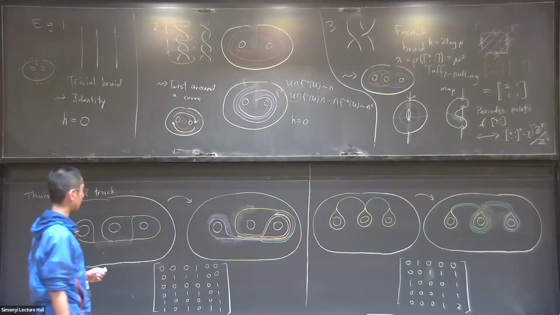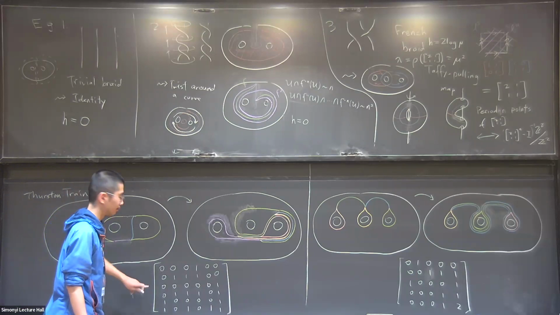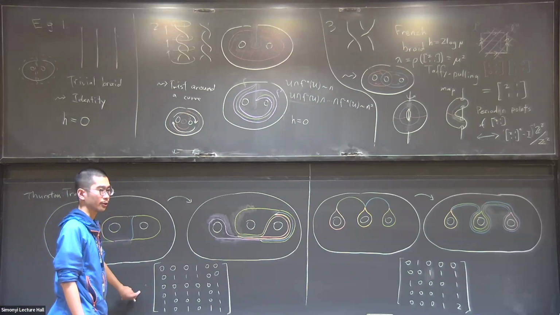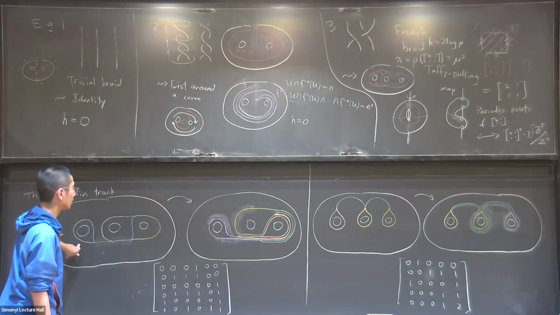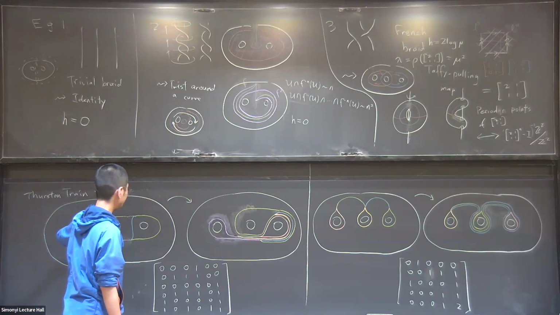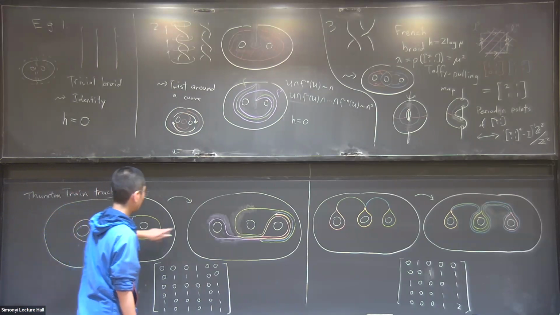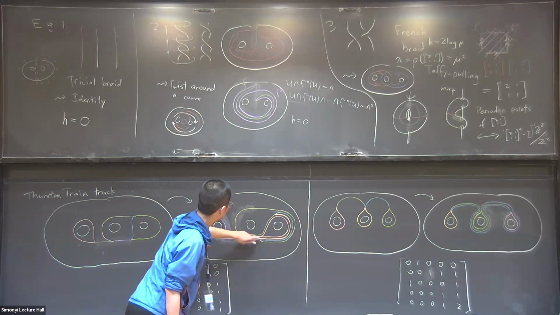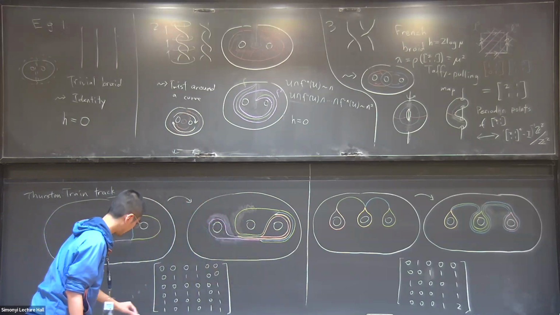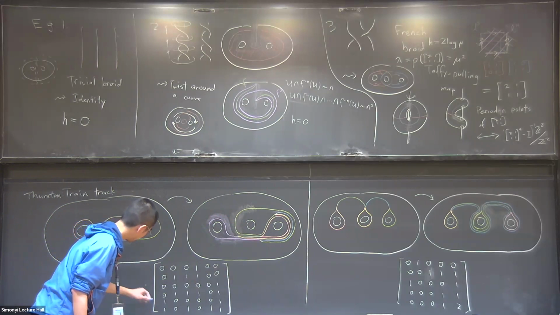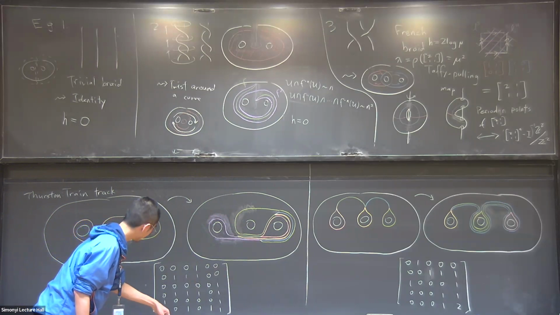And once you have such a train track, you can write down a matrix. So this matrix records how the branches cross themselves. If you look at the red branch, in the image, it goes through like that. So it passes through the blue and yellow. So I think this row is blue, this one is yellow.